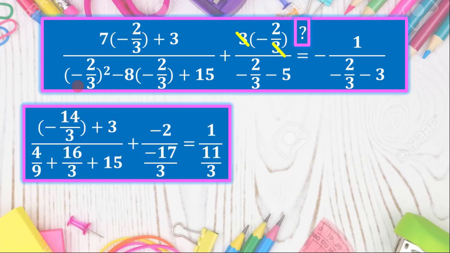Okay, so this will be simplified as negative 2, but still we need to verify further. So this becomes now negative 14 over 3, because we have 7 times negative 2 all over 3, plus 3, just copy. Then we have the square of negative 2/3, that's 4/9. Then we simplify negative 8 times negative 2/3, that is 16 over 3. We copy 15.